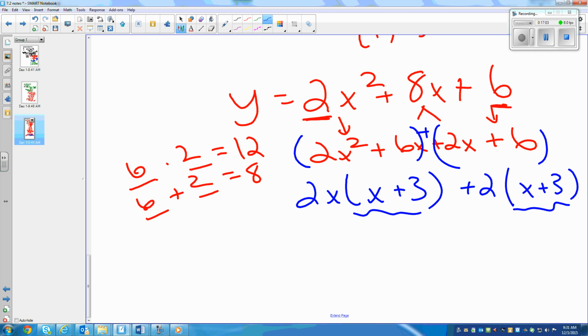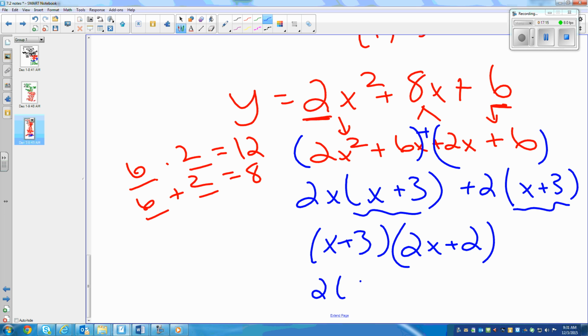So if we take out the x plus 3, we're left with 2x plus 2. You could factor out a 2 from there now if you wanted to, and then you'd end up with 2 times x plus 3 times x plus 1. But it would have been okay if you had stopped there and solved each bracketed thing for the x-intercept.